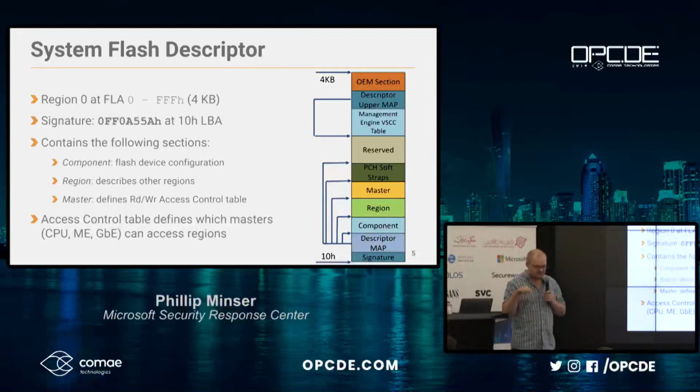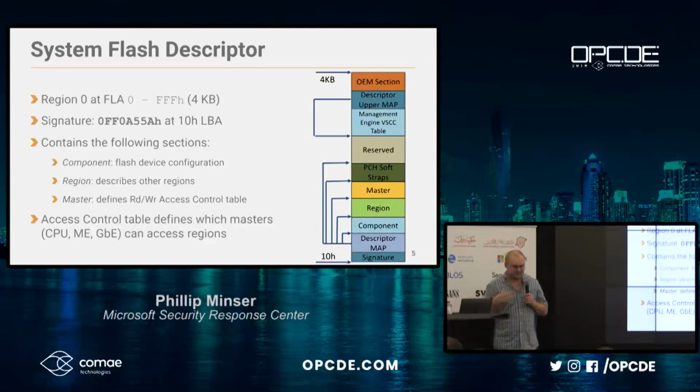So if the SPI descriptor by mistake allows software to override itself, then software can override this table and open access to other regions. For example, read or write to the ME region, or read or write the GBE region. GBE is the gigabit controller configuration. ME is the Manageability Engine region.